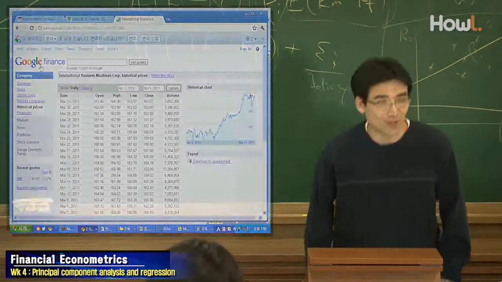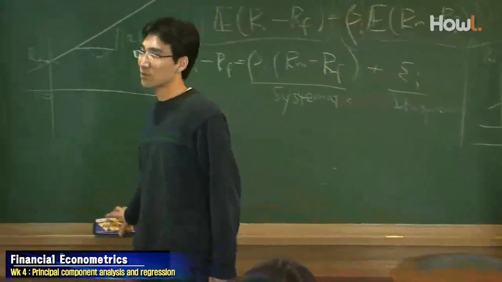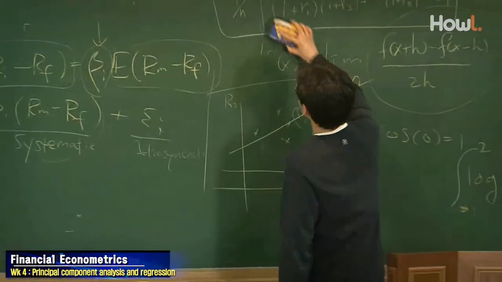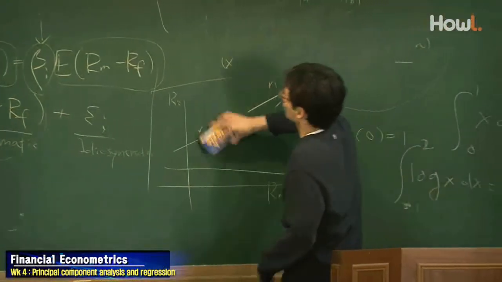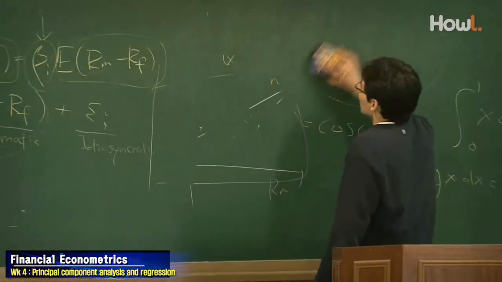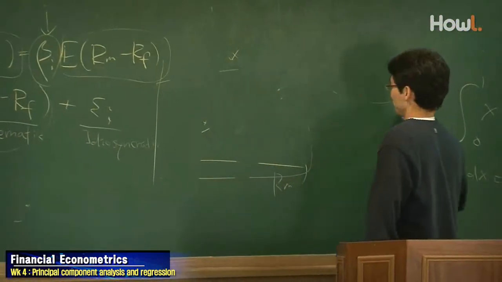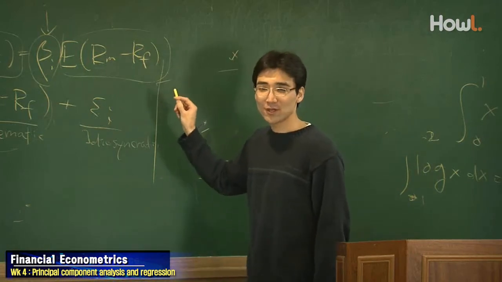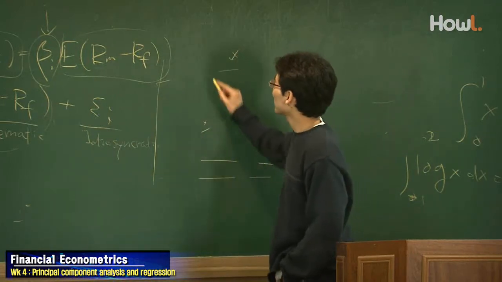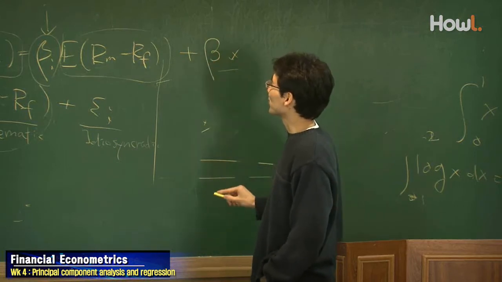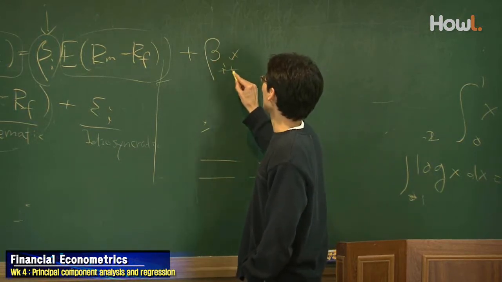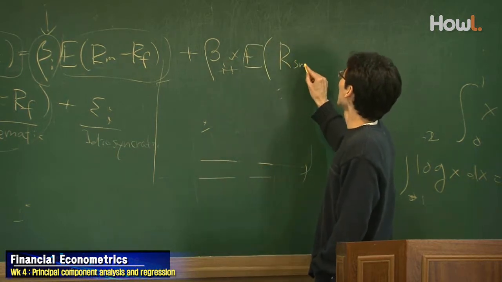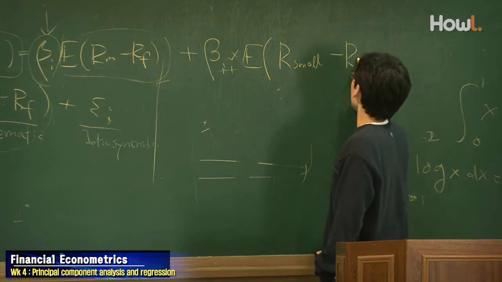Homework number 2 is the multi-factor model. This is the capital asset pricing model, but Fama and French famously expanded it. The capital asset pricing model has just one factor, and the Fama-French model added more. So there is beta I1 times R small minus R large.